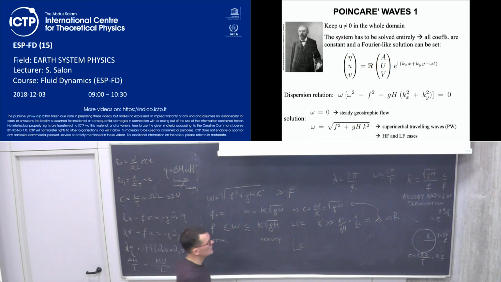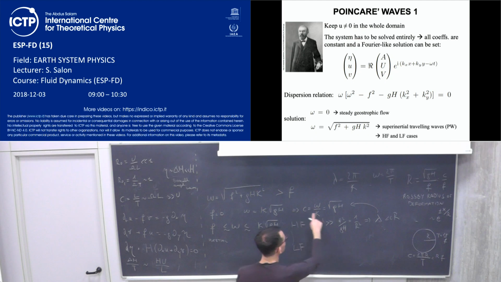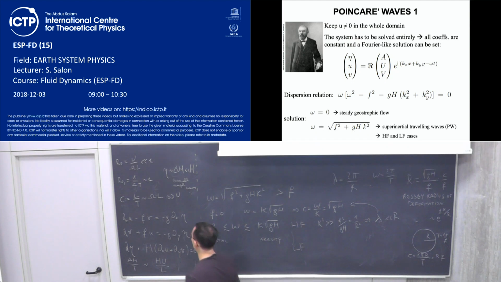And again, we can say that the Poincare waves in case of high frequency, so we are exploring the wave number space, when we have very large wave number, which means short wavelength with respect to the Rossby radius of deformation, our solution will travel with the surface gravity phase velocity.